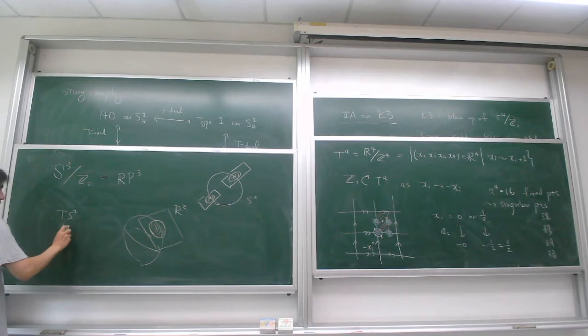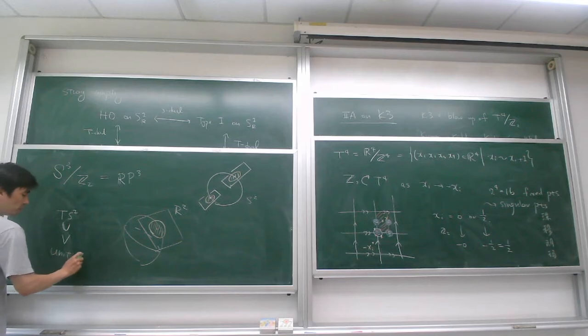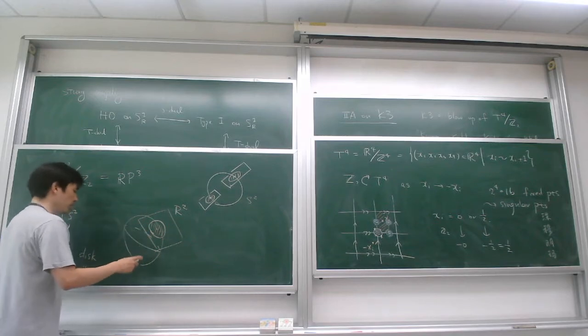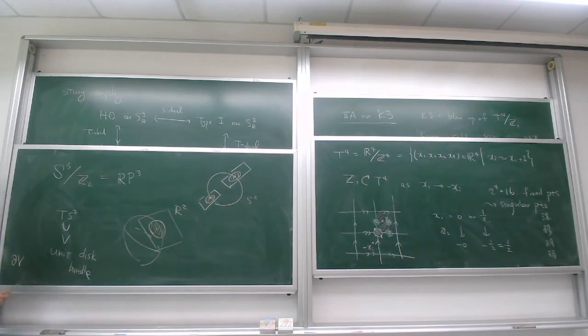So you have a unit circle bundle, let's call it V. And indeed, if you consider this unit disk bundle inside the tangent bundle of S2, then the boundary of V is a three-dimensional object. Indeed, this becomes RP3. So V is a four-dimensional object with boundary RP3.